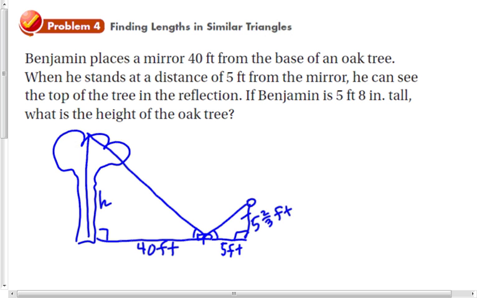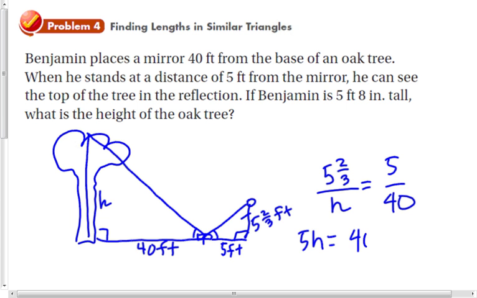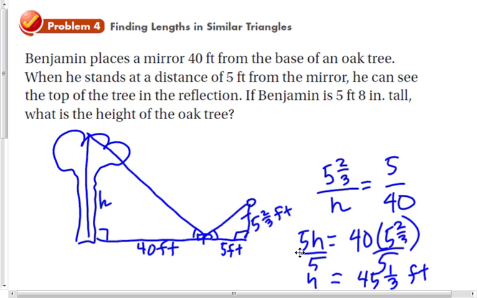That means the ratio of 5 and 2/3 to h is going to equal 5 over 40. So I'm going to do 5h is equal to 40 times 5 2/3. And then divide that by 5, and that should give me the height. So if I divide that by 5, I get the height of the tree is 45 and 1/3 feet high. All right, you try that.